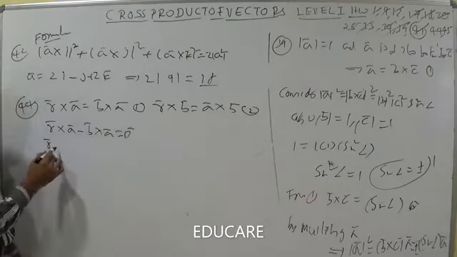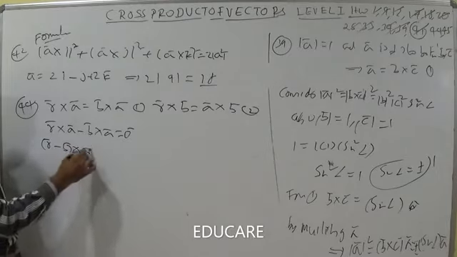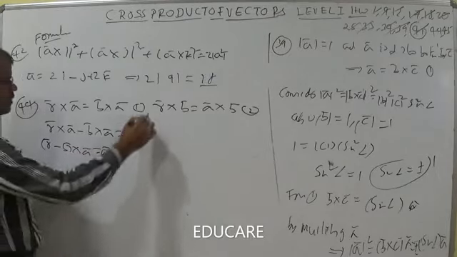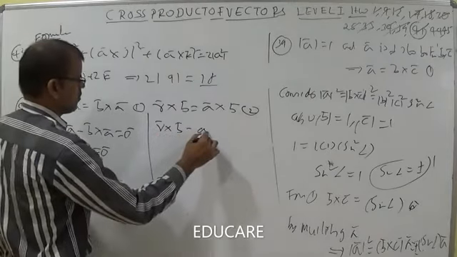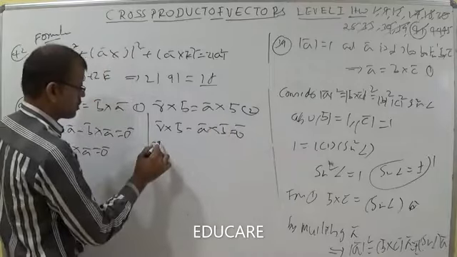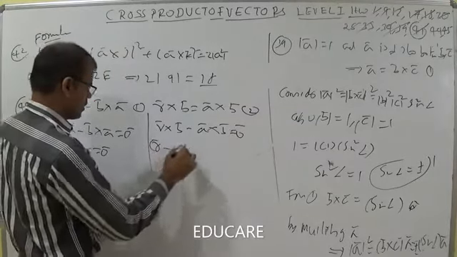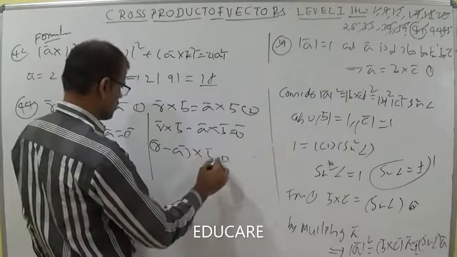So R bar minus B bar cross A bar equal to 0 bar. Here R bar cross B bar minus A bar cross B bar equal to 0 bar.